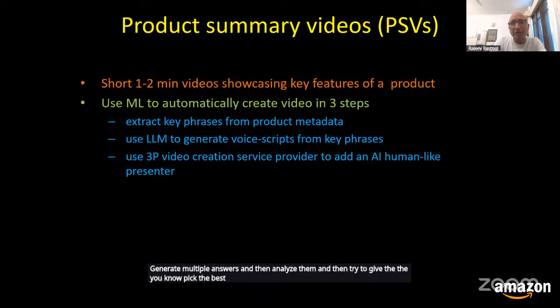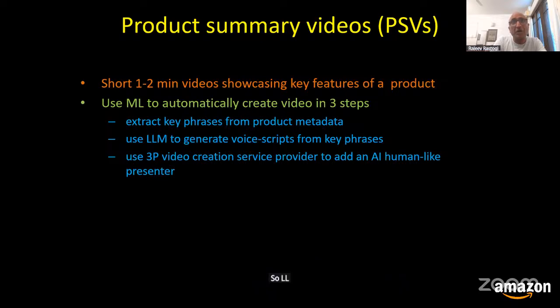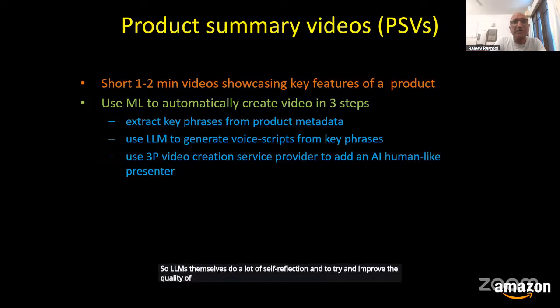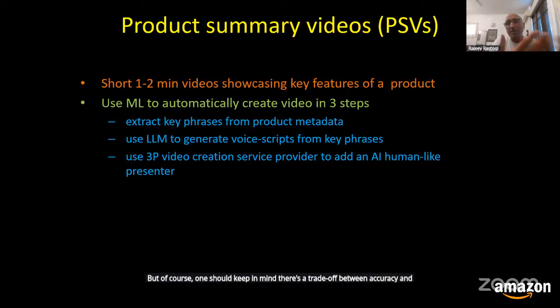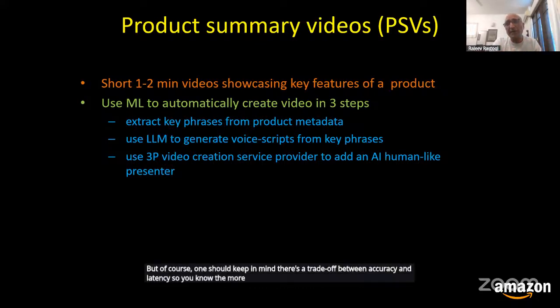So LLMs themselves do a lot of self-reflection to improve the quality of the answer over multiple iterations. But one should keep in mind there's a trade-off between accuracy and latency. The more iterations of self-reflection you do, the more you add to the latency while making your responses accurate. So you've got to find the right balance, right?